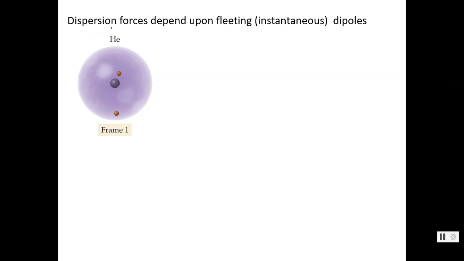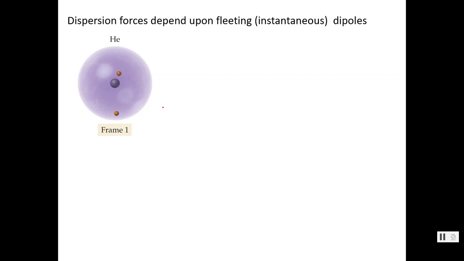Helium, you remember from the periodic table, has 2 protons, 2 neutrons, 2 electrons. And so let's say I take one picture, and in my picture of my helium atom, I've got my nucleus at the center, and I have my 1, 2 electrons that are shown as these dots here. And in this one picture, both of my electrons are kind of scattered on this side of the atom. Because remember, electrons are always moving.